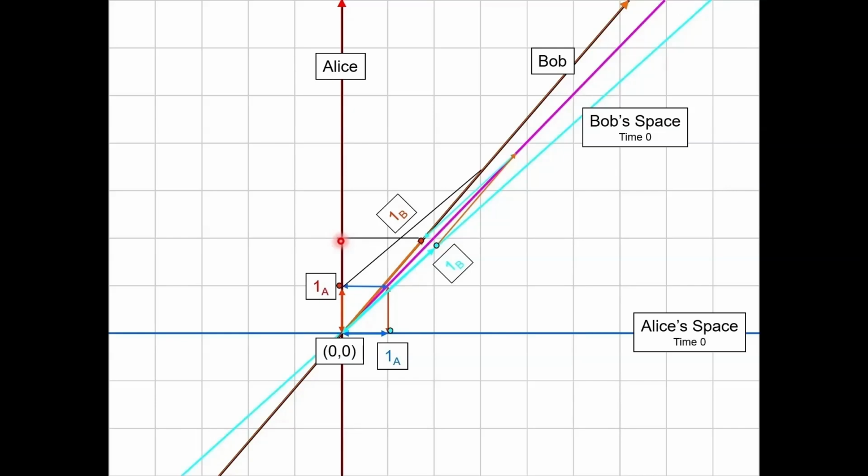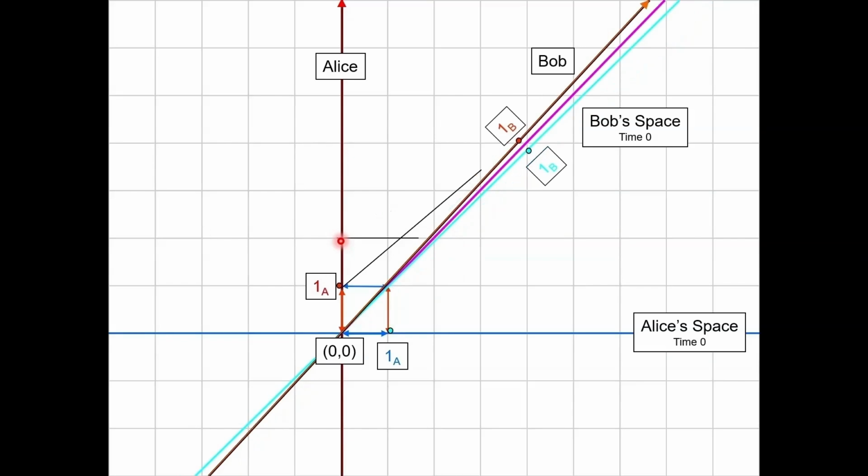Now let's keep these markings in place and say that Bob is moving at a higher speed compared to Alice. Now let's see what happened to how they see each other's coordinate systems. We start with how Alice sees Bob's 1 second.